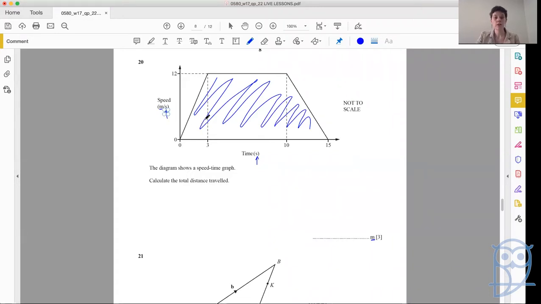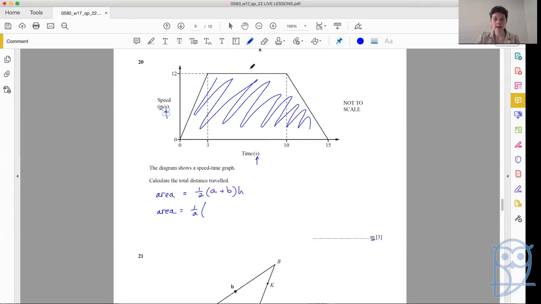So we can do triangle plus rectangle plus triangle, or we can just simply do area of a shape with 2 parallel sides, 2 not parallel, a trapezium. So area equals 1/2 a plus b h, just in case you needed a reminder. So area equals 1/2 a plus b, so our 2 parallel sides.